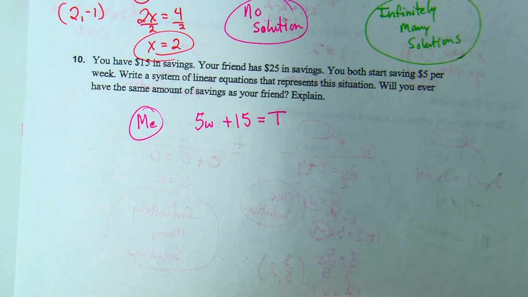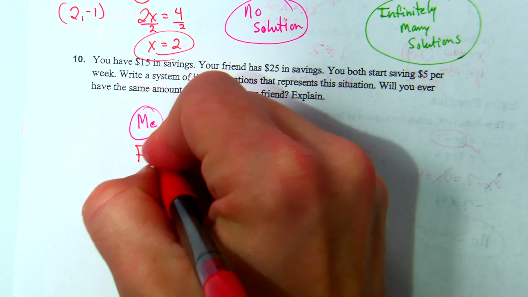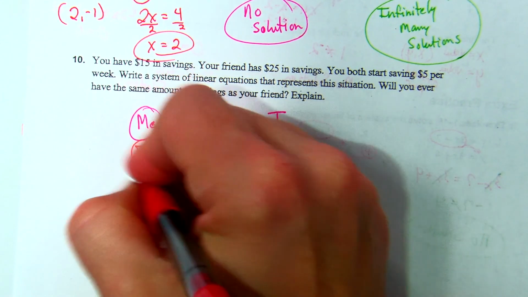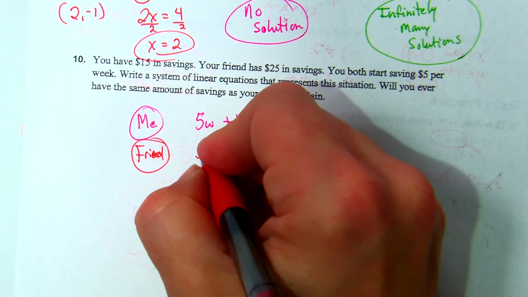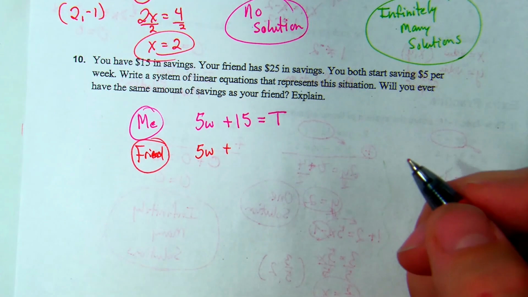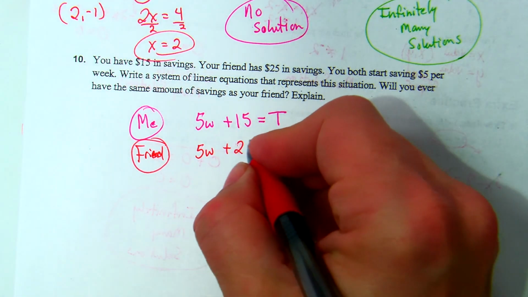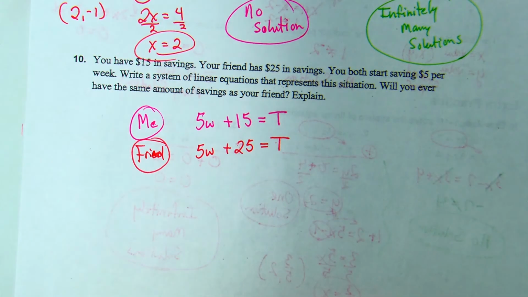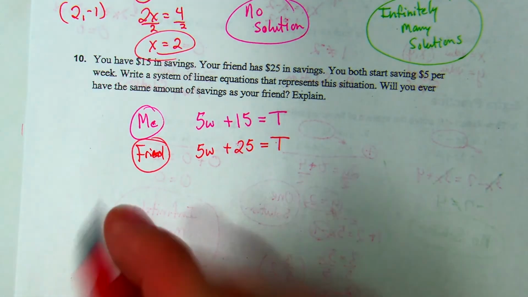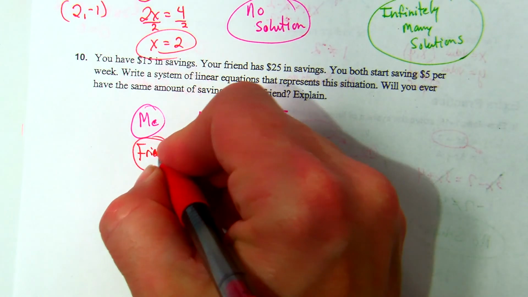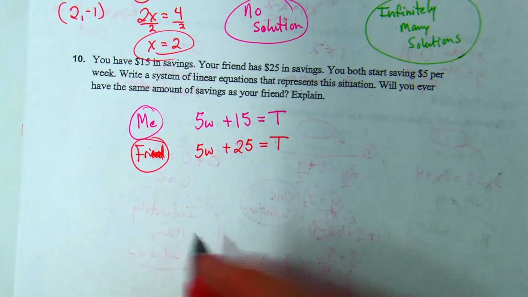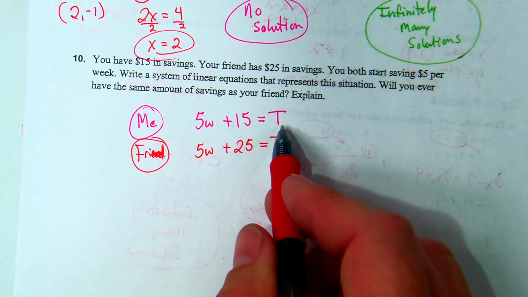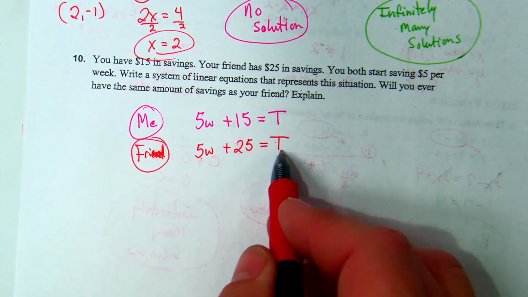Now, my friend started, he's going to put $5 a week in, but he started with $25. And that's going to equal his or her total savings, right? I have myself and my friend. 5W plus 15 equals the total savings. 5W plus 25 equals the total savings.